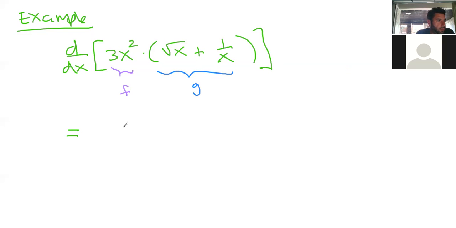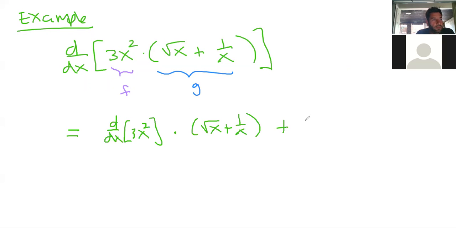And since I'm trying to learn this, I'm going to use this mnemonic. So I know that this is the derivative of the first function times, leave the second alone, plus leave the first guy alone, times the derivative of the second piece.